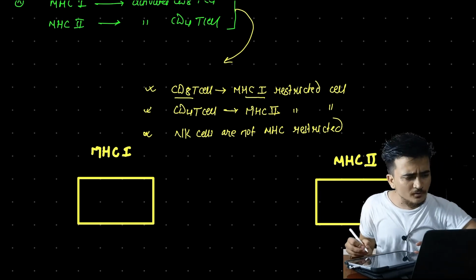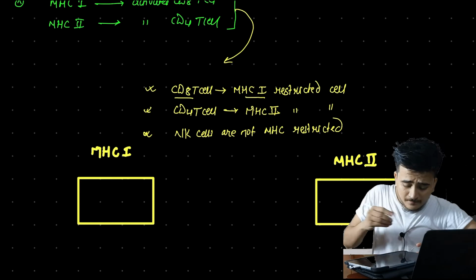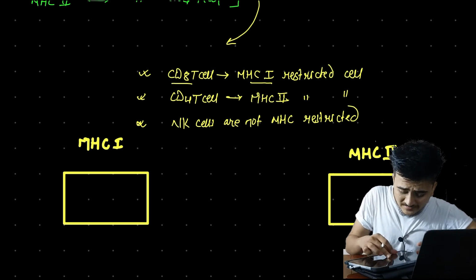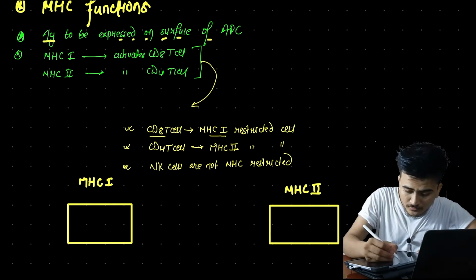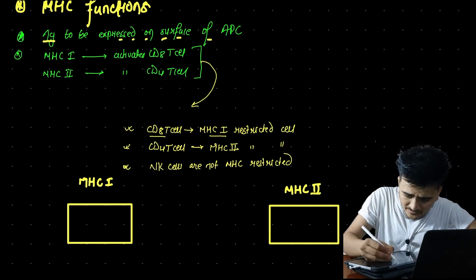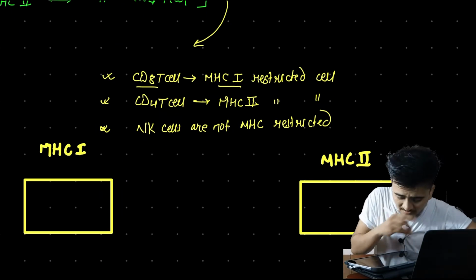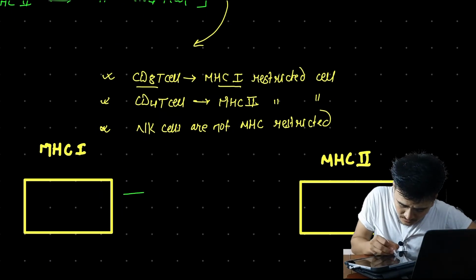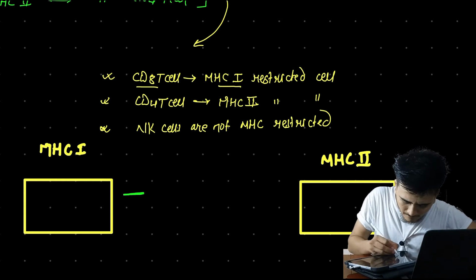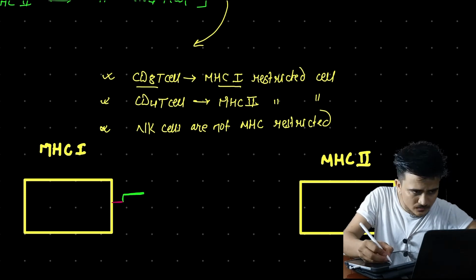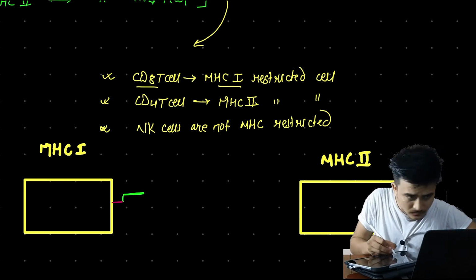We're talking about MHC class 1. I've already said this helps antigen to be expressed on the surface of APC. That means here we can draw one thing. Okay, don't worry. I'm going to tell you soon.